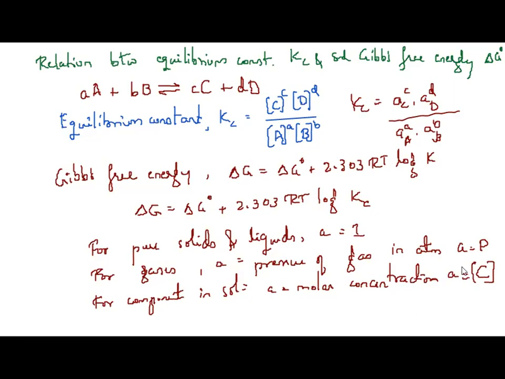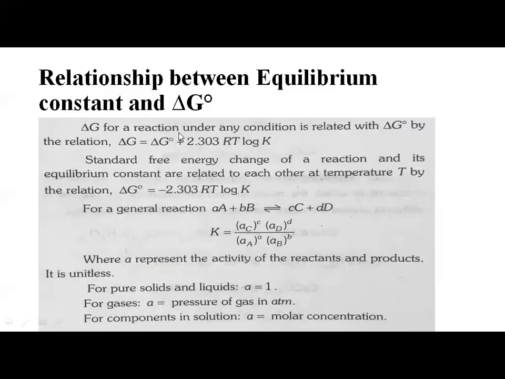Is that right? So delta G for the reaction under any condition is related with delta G naught: delta G is equal to delta G naught plus 2.3 RT log K. The standard free energy change of the reaction and its equilibrium constant are related to each other at a certain temperature, so here we write Kc.